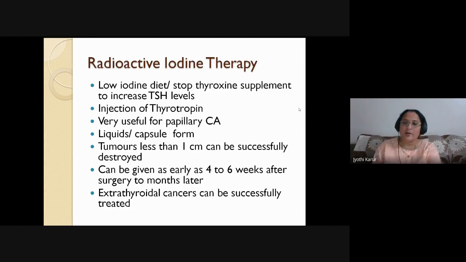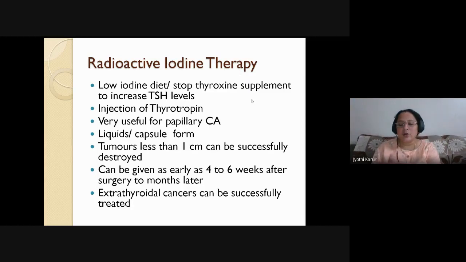Most often, post-operatively, you are going to give radioactive iodine therapy. Or suppose the tumor is very small, less than 1 centimeter, in a middle-aged or elderly patient who has finished their family and has children. Now you are going to ablate that malignant tissue by radioactive iodine therapy.